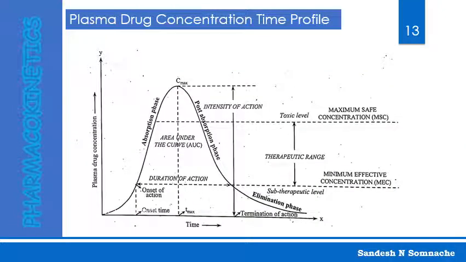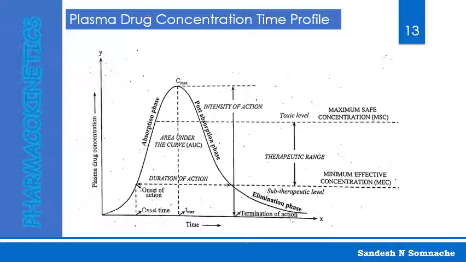So we can study that by using the plasma drug concentration time profile, in which the plasma drug concentration is on the y-axis and time on the x-axis. If we plot that, we will get one graph.